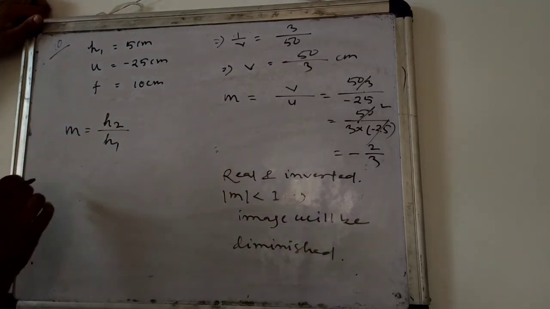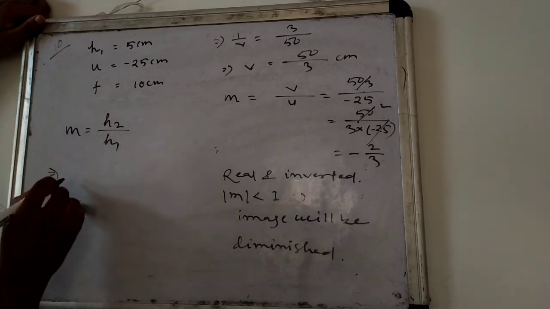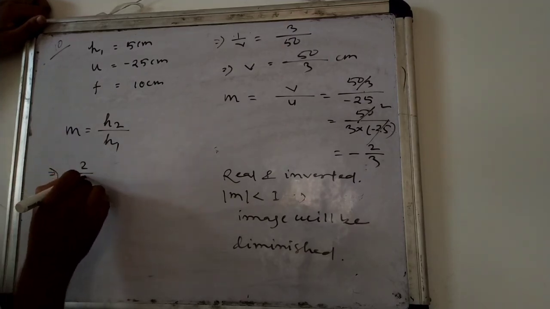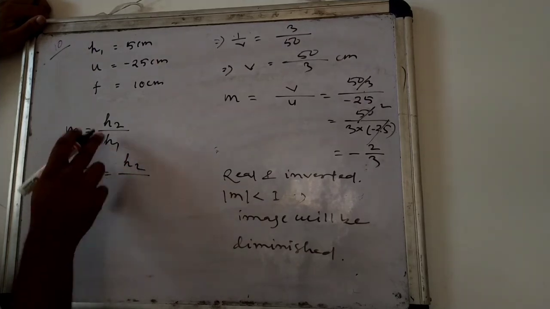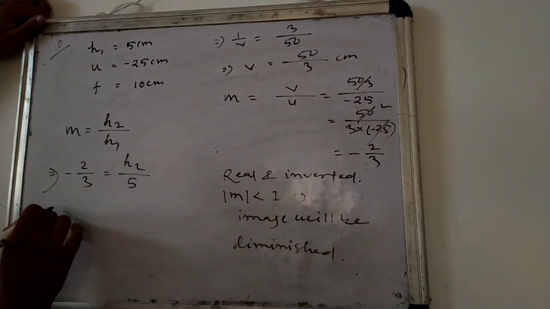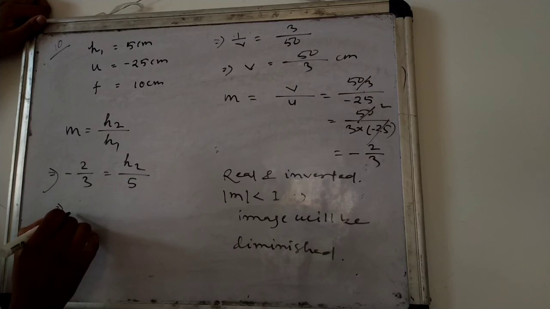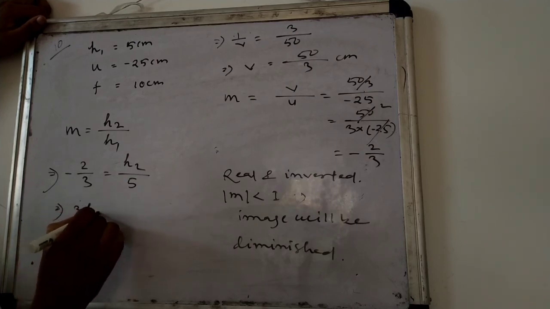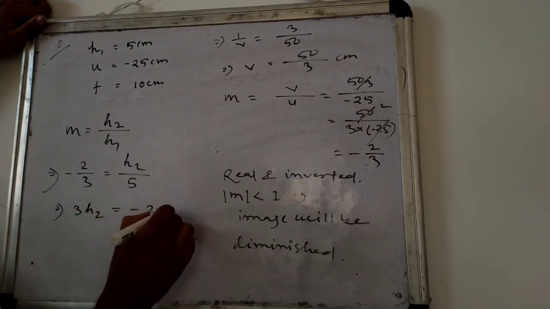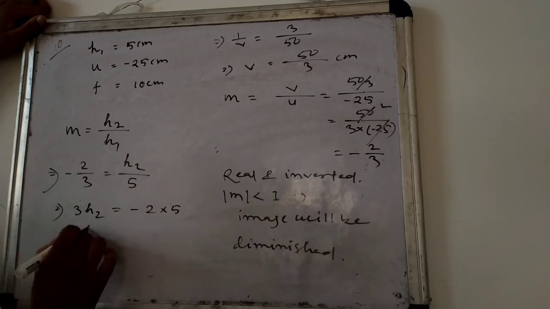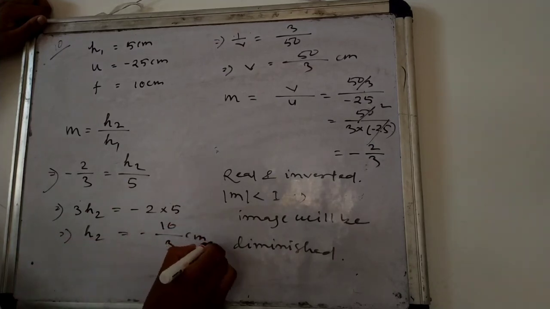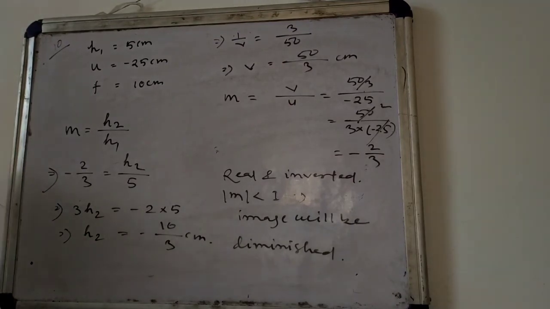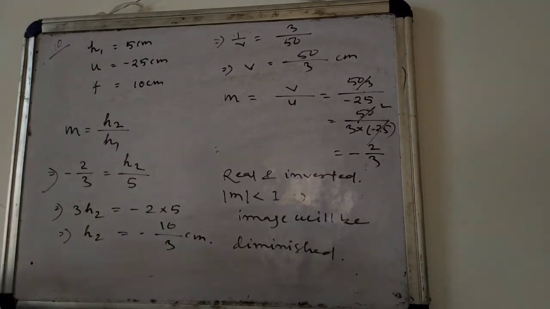Then m is minus 2/3, h2 is the size of the image, h1 the size of the object is 5. If we cross multiply, 3 h2 equals minus 2 into 5. So h2 equals minus 10/3 centimeter. So this will be our size of the image.